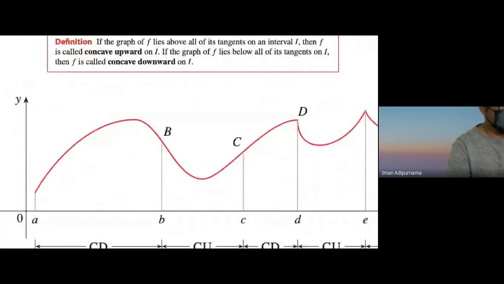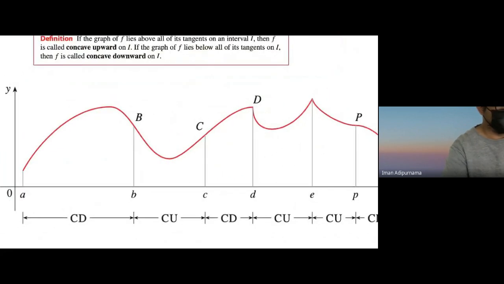So from here, you will see we can define for some intervals from A, B, C, D until some point there, which one is concave downward, and then concave upward.